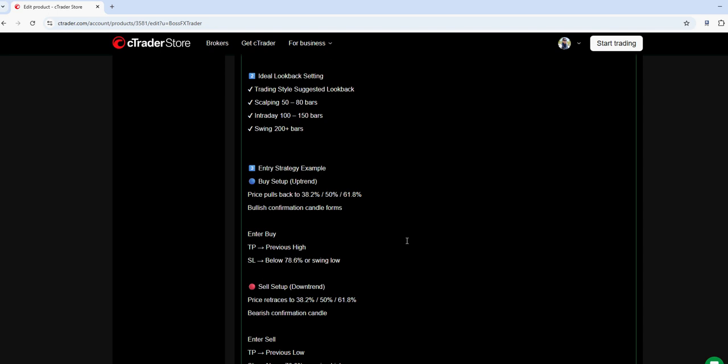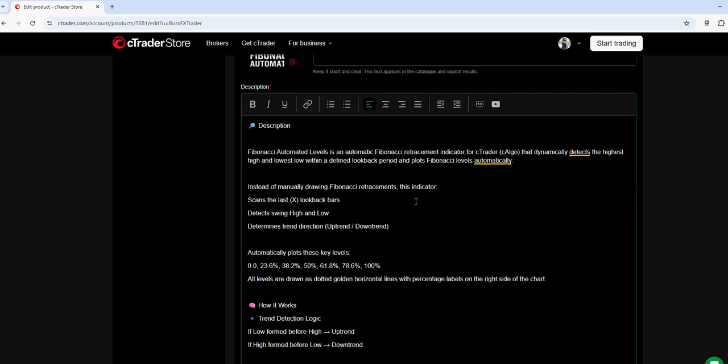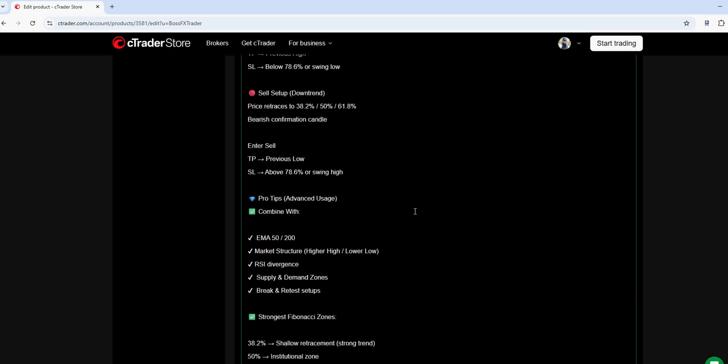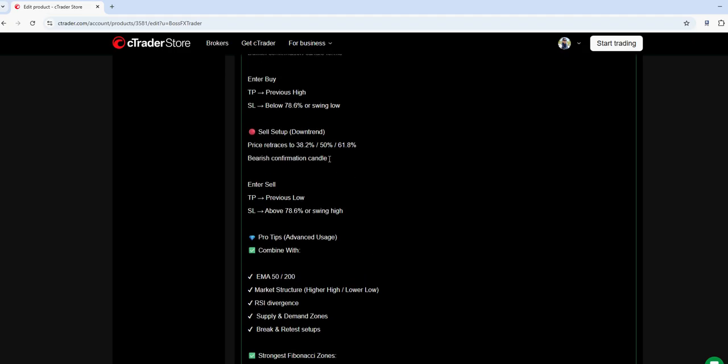In the entry strategy, for example, the buy setup for the uptrend: price pulls back to 38, 50, or 61. The worst scenario is 78, which is very low. This is the ideal.